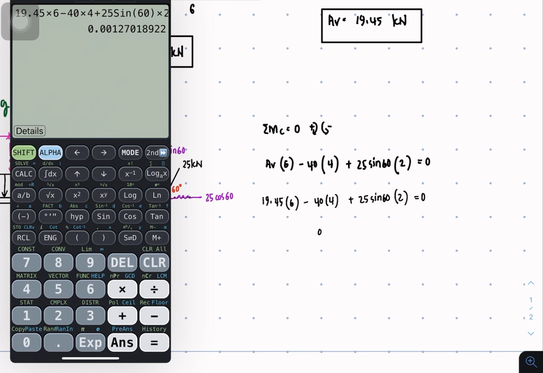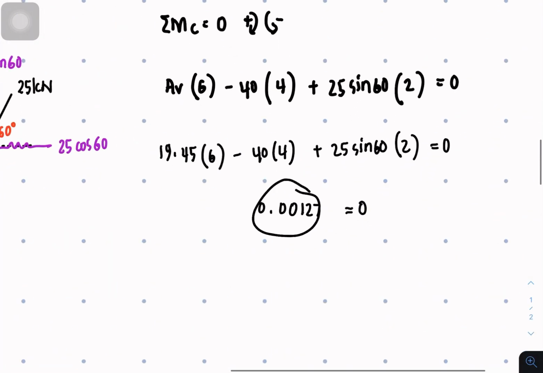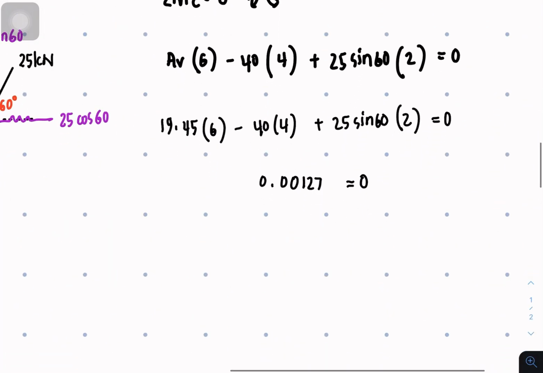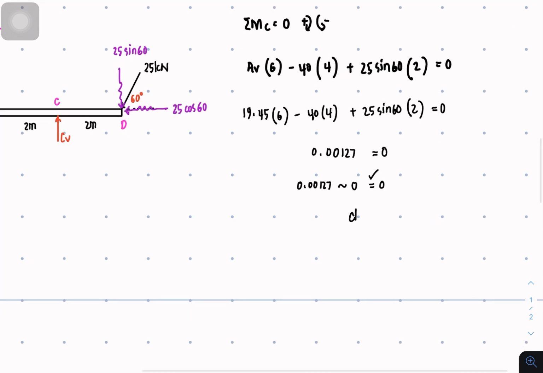So we got our answer 0.00127, and that's equal to 0. So this is actually close to 0, so we can rewrite this as 0.00127 approximately 0, and that's equal to 0. Alright, so therefore this is correct.